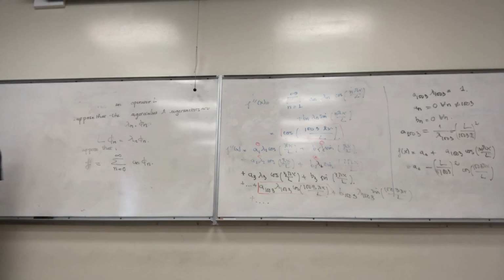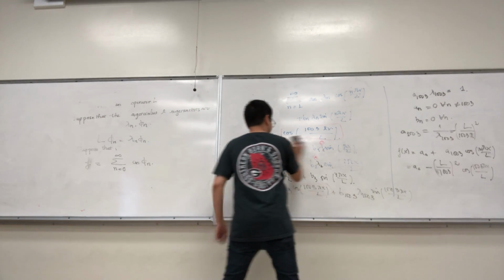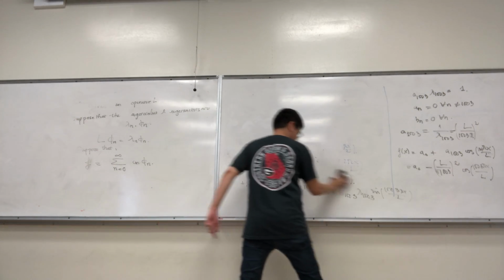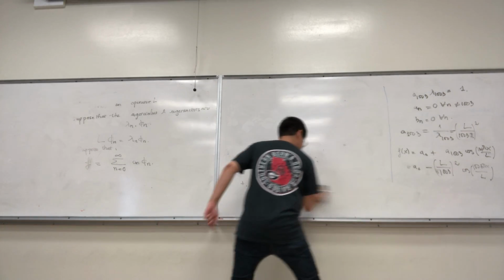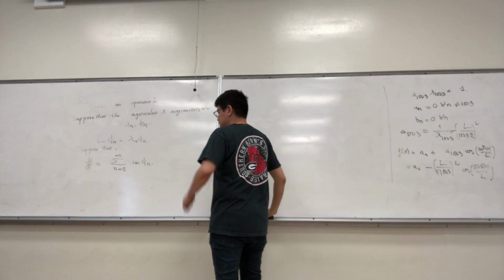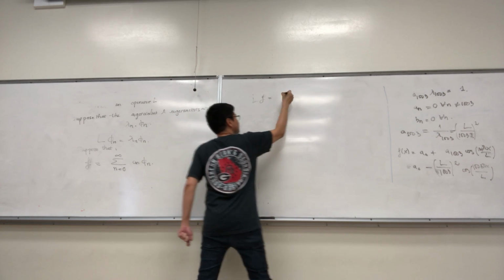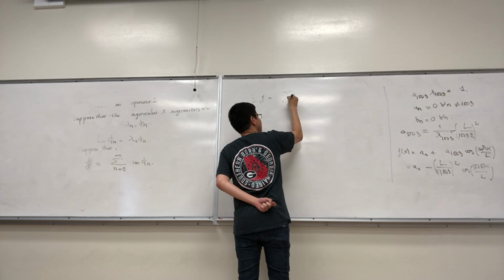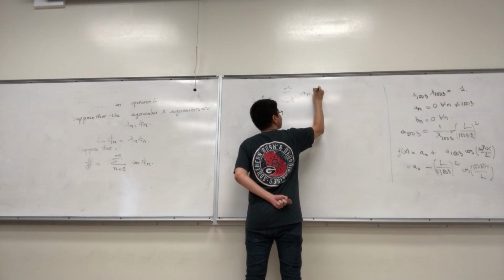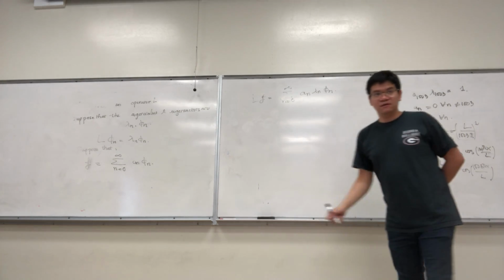So in this case, in order to compute Lf, what you do is you multiply all of the coefficients an by lambda n, phi n.